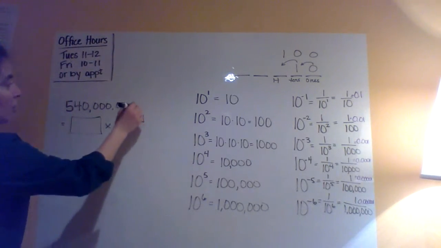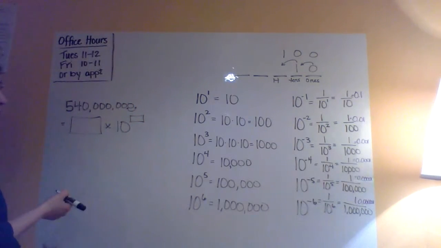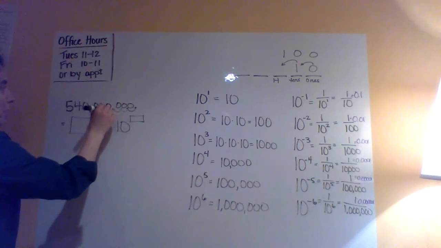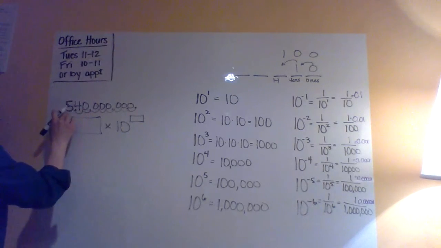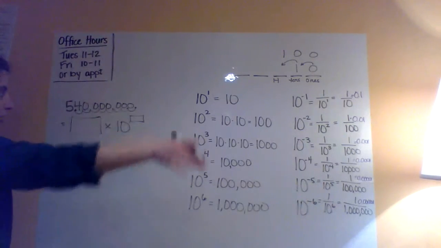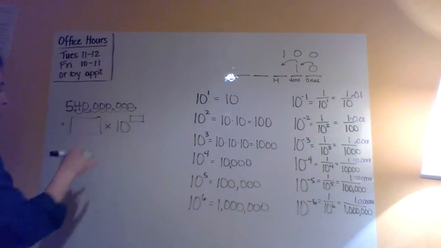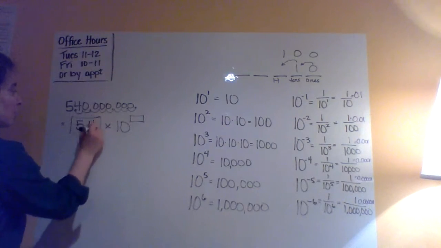So if I move it to here, I still have 54 million. That didn't get me where I needed to. So I'm going to keep moving it until I get to right here, because now I have 5.4 with a bunch of zeros after it. But zeros after the decimal point, after the last number, don't matter. So my number now is 5.4.